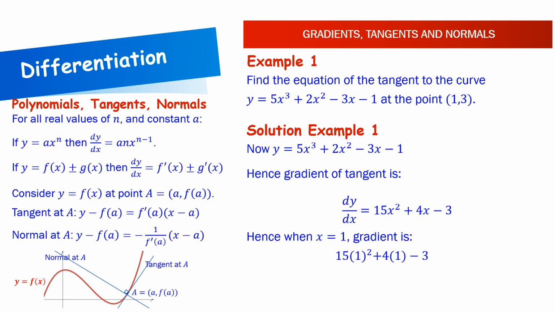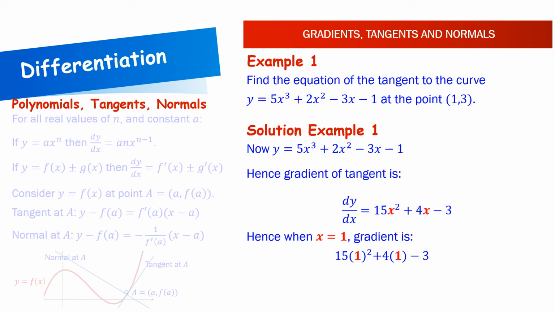And therefore, when x equals 1, the gradient is 15 times 1 squared plus 4 times 1 minus 3, which is equal to 16.